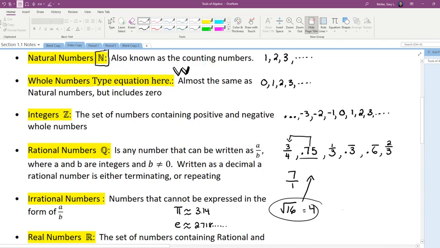But compare that to a number like the square root of 3. There is no number that you can write as a rational number that, when squared, is 3. We can approximate it. We can write a long decimal for it, but it is irrational. So let me get approximately what it is here.